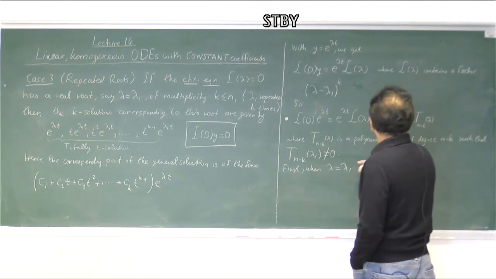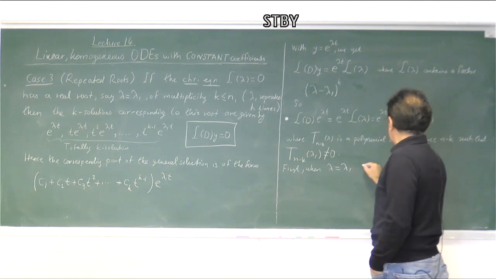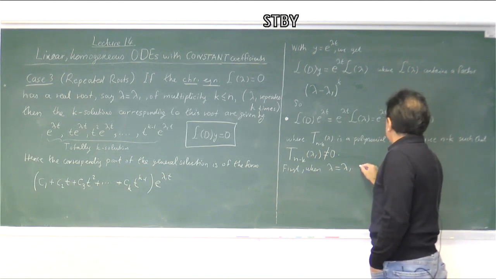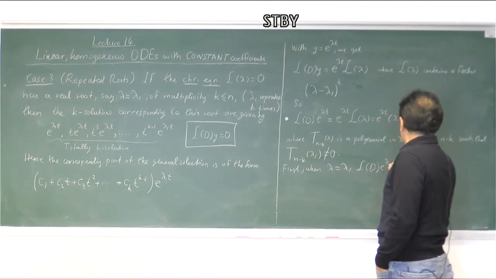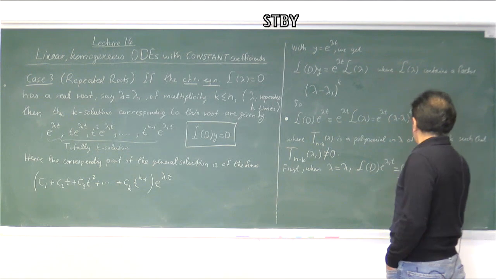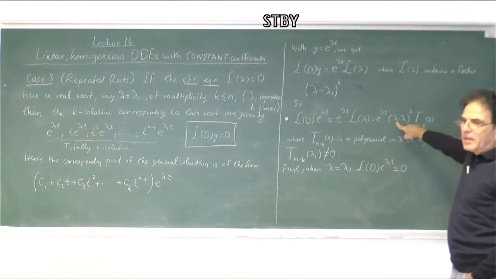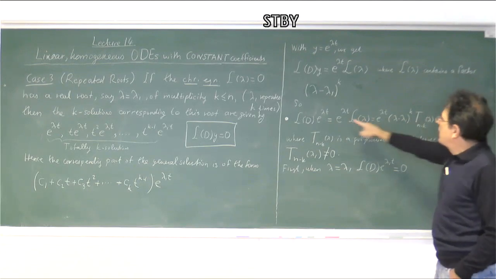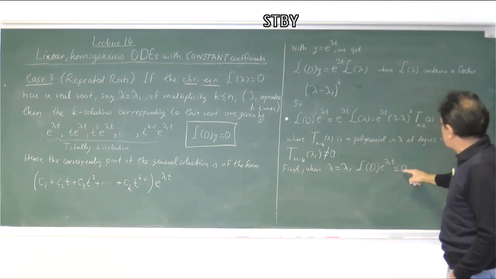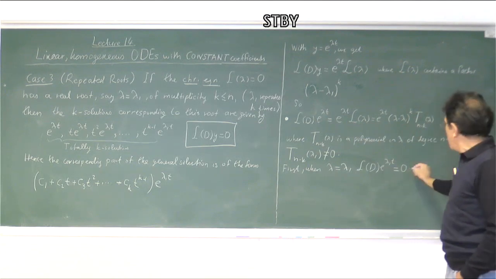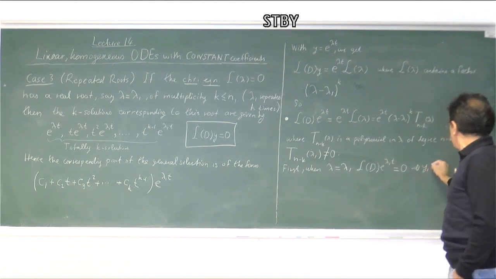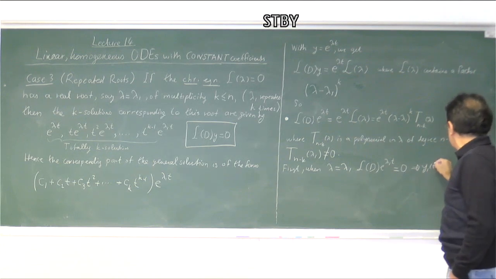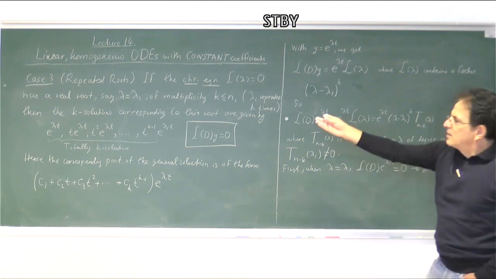So when lambda is lambda 1, clearly L of the e to power lambda 1t is 0. Look, replace lambda by lambda 1. So the right-hand side becomes 0, and L of the e to power lambda t becomes 0, implying that the first solution is e to power lambda 1 t, as suggested.